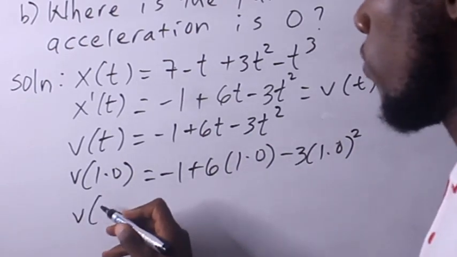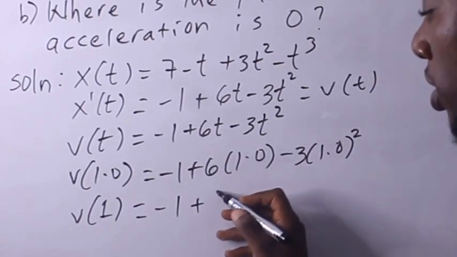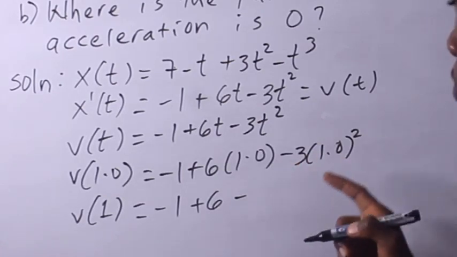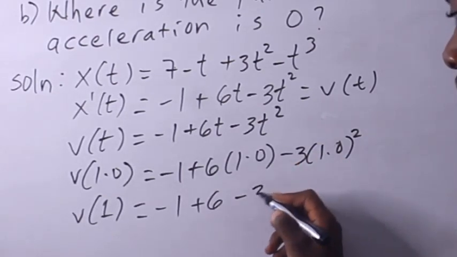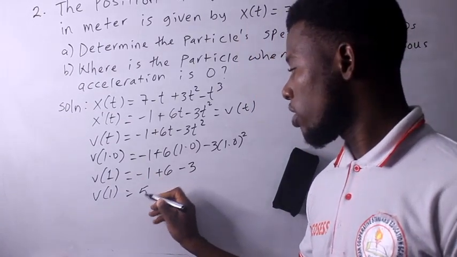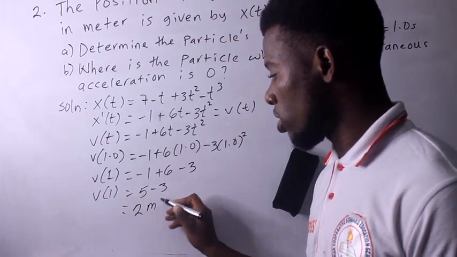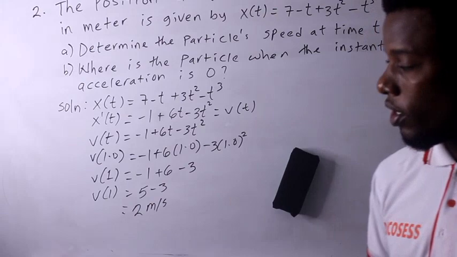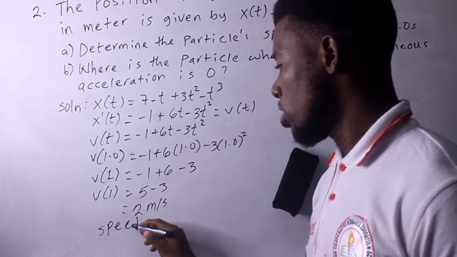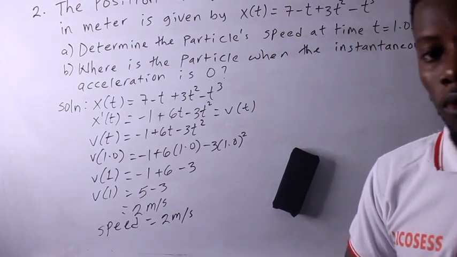So v of 1 is equal to minus 1 plus 6 times 1, which is 6, minus 3 times 1 squared, which is 3. The velocity at time t equals 1 is negative 1 plus 6 is 5, and 5 minus 3 is 2. So the velocity is 2 meters per second, and the speed is 2 meters per second, which is the magnitude of the velocity.